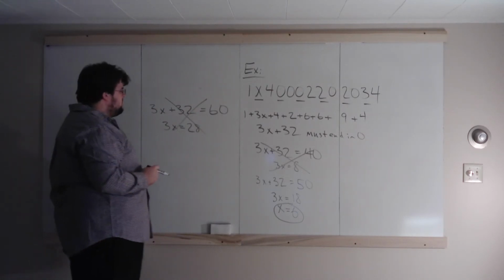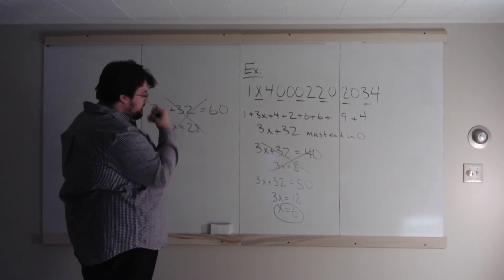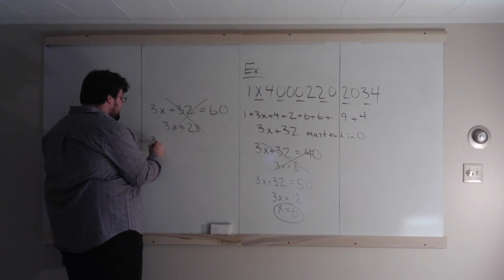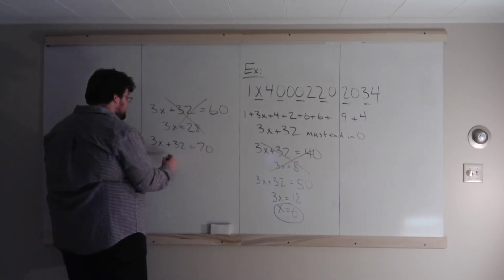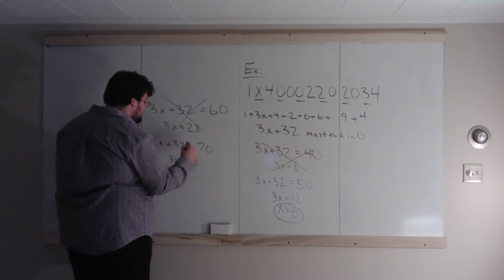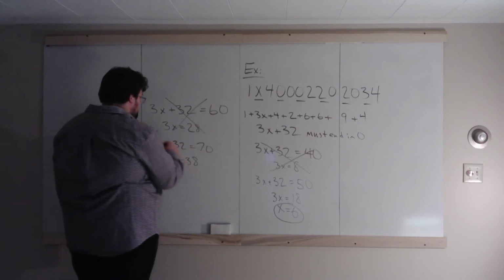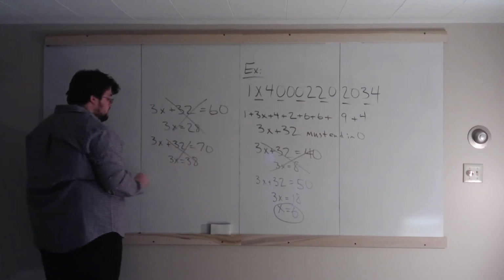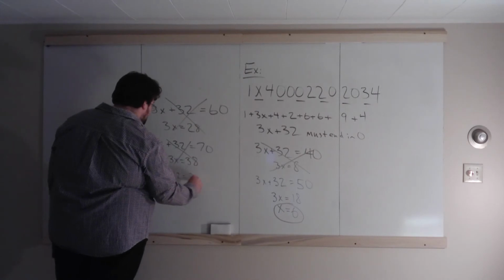Now, you could keep going: 70, 80, 90, and so on. Let's do that. 3x plus 32 equals 70. 3x equals 38, x equals 38/3, not a whole number. What's the next number? 3x plus 32 equals 80.